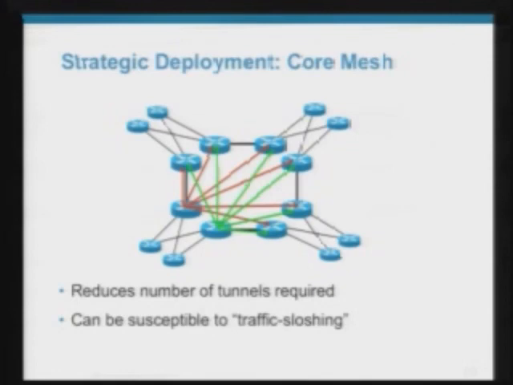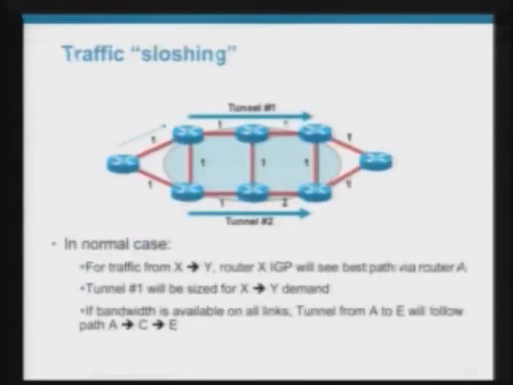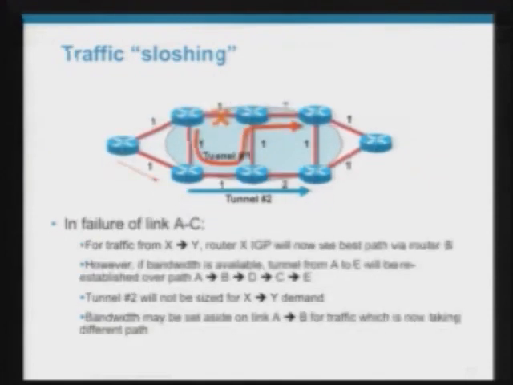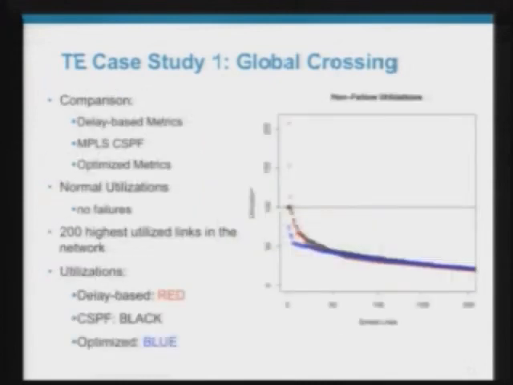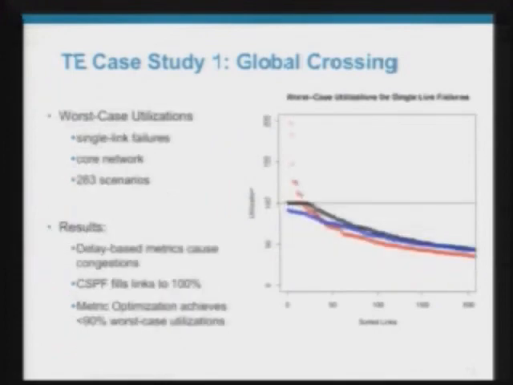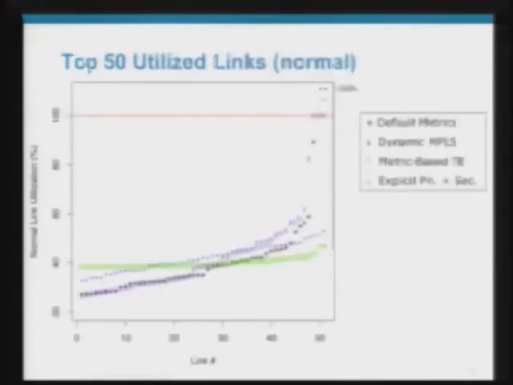Those cover the choice between where to put the mesh, how to make sure that your own routers are not sending traffic to different tunnels under failure, that if an edge router is sending traffic to a particular core router, it continues to do that instead of sloshing the traffic around elsewhere under failure. And he has a good case study on the use of dynamic MPLS from Global Crossing, 2004. So I will skip over those.